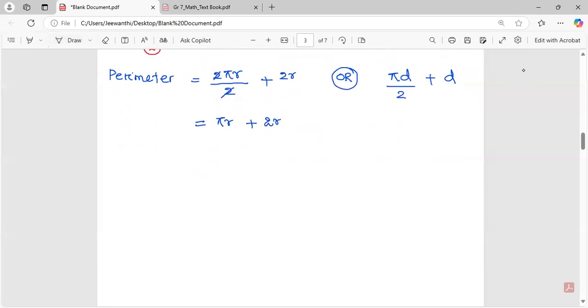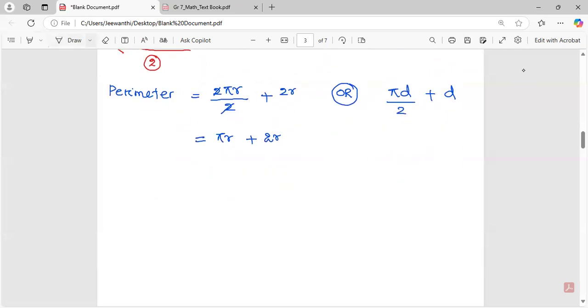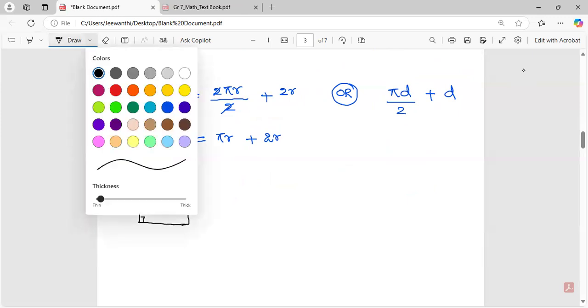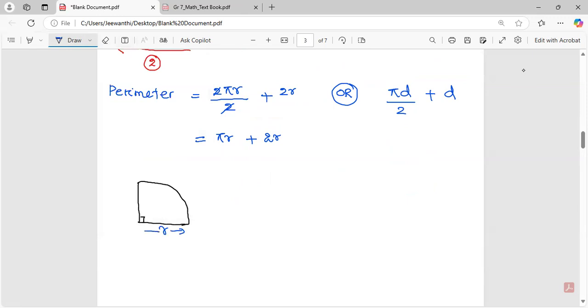Now, I'm going to draw a quarter circle, and we'll see what happens. Here I have a quarter circle like this, and these are the radius values: this is the radius and this is the radius.